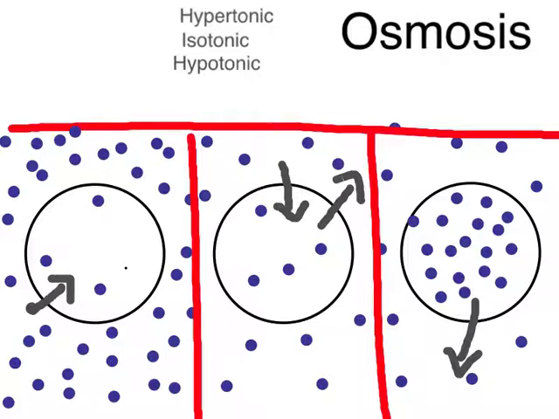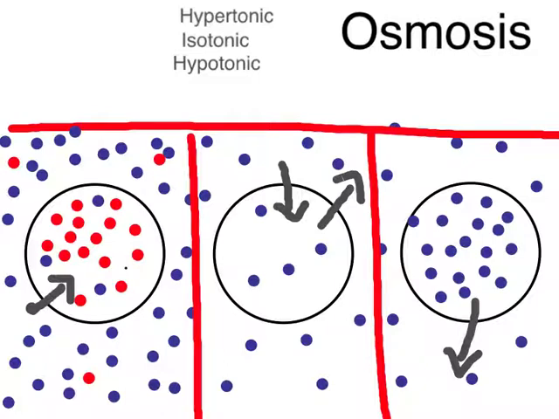So let's say we're dealing with salt. These red dots are going to represent the salt. That means that there is a lot of salt inside the cell. It's taken up the space where those water molecules used to be. And there'd be very little salt concentration on the outside of that cell.